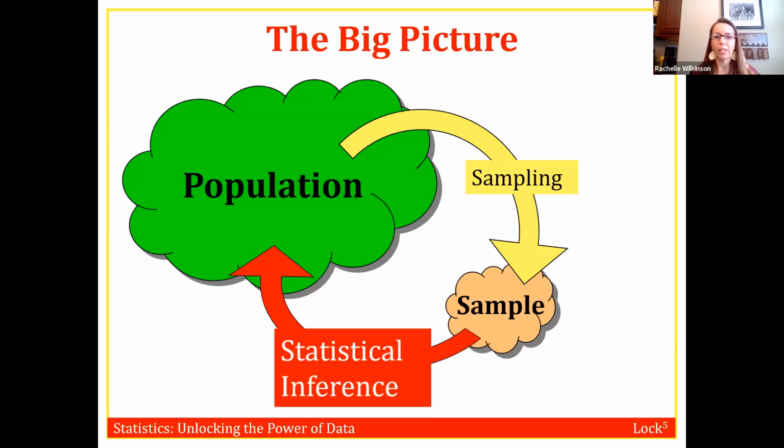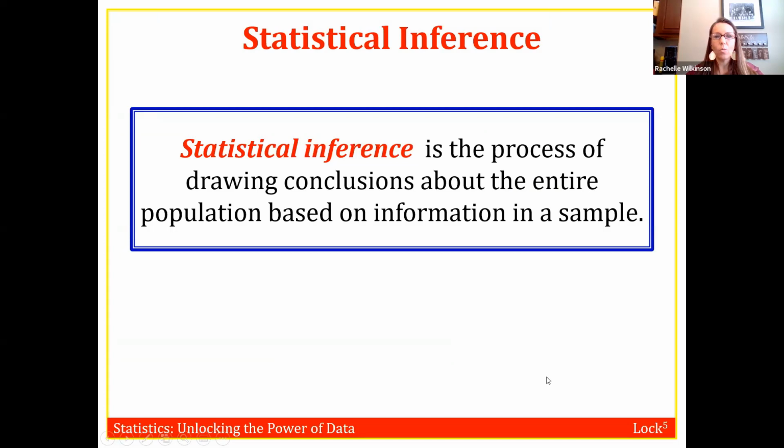conclusions about the population. So if you remember, we defined statistical inference already once before, but if you want to write it down again, you're more than welcome to. As a reminder, statistical inference is basically using sample data to draw conclusions about the entire population. So here's the more formal definition.